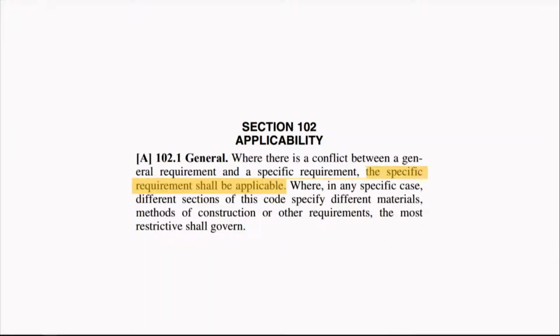Finally, section 102 on applicability states that specific requirements are applicable over general requirements when there is a disagreement between the two. The reviewers have indicated that our plans do not meet the requirements, and they have required separations that are similar to fire area separations that are defined and established in Chapter 9.